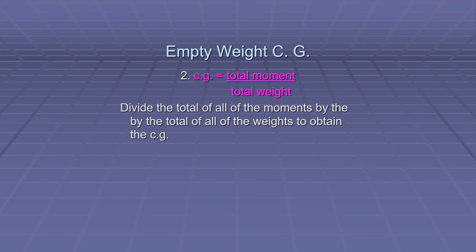Secondly, total all of the moments and total all of the weights. Divide the total moment by the total weight, and this will give you the center of gravity in inches from the datum. Be sure to pay special attention to the positive and negative signage of each arm, weight, and moment.